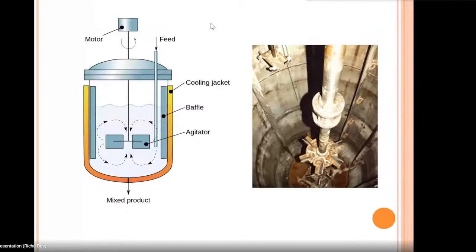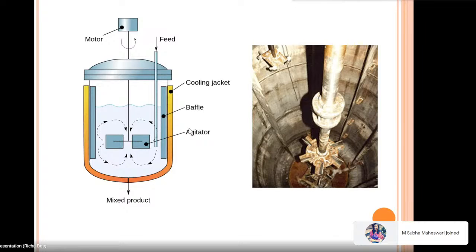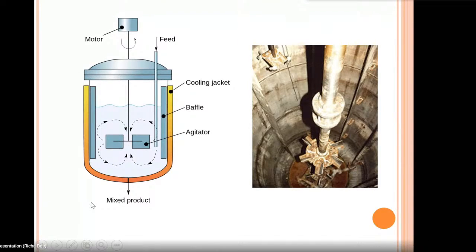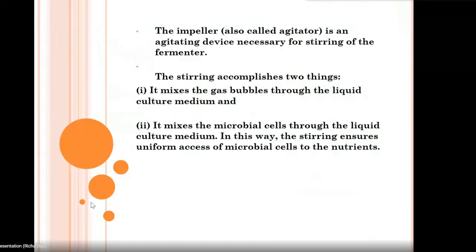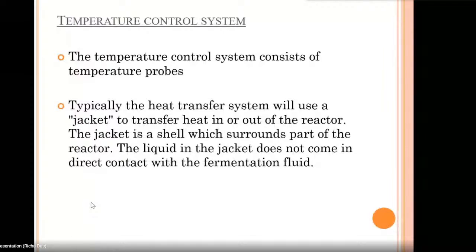As we can see, this yellow or orange colored portion is the cooling jackets, which are kept outside the walls of the fermenter. When the sensor comes to know that temperature has increased rapidly, the nozzles and taps will open, and water will come through the pipes and enter these cooling jackets. Then the temperature of the fermenter will be brought down to its optimum or ideal temperature. That is the temperature control system.